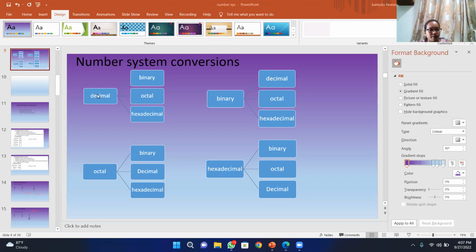Okay. Right now first we will move on to the first conversion type. How to convert decimals into binary, and then octal, and then into hexadecimal. So under this particular category, the first conversion is decimal to binary, right? Let me take a full screen of this slide.